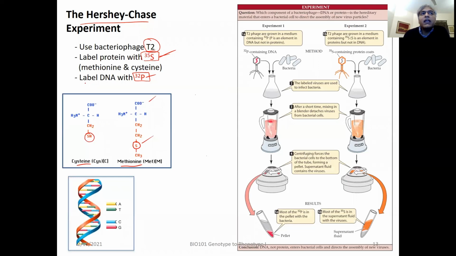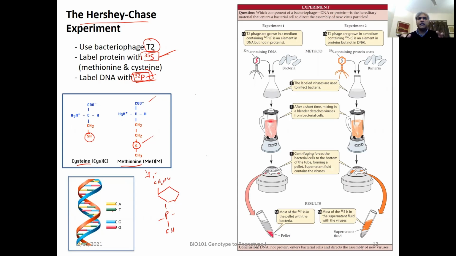And if we grow phages in the presence of P32, we know DNA has a phosphate backbone. So phosphate is an essential component in the synthesis of DNA. So when we grow viruses in the presence of P32, the DNA will incorporate this P32.